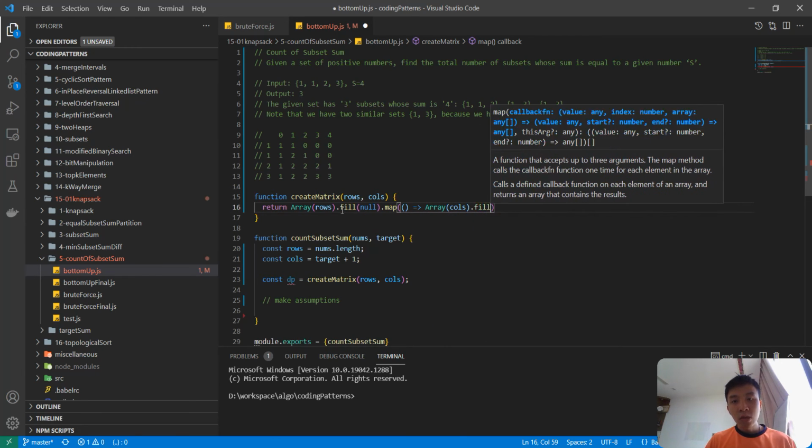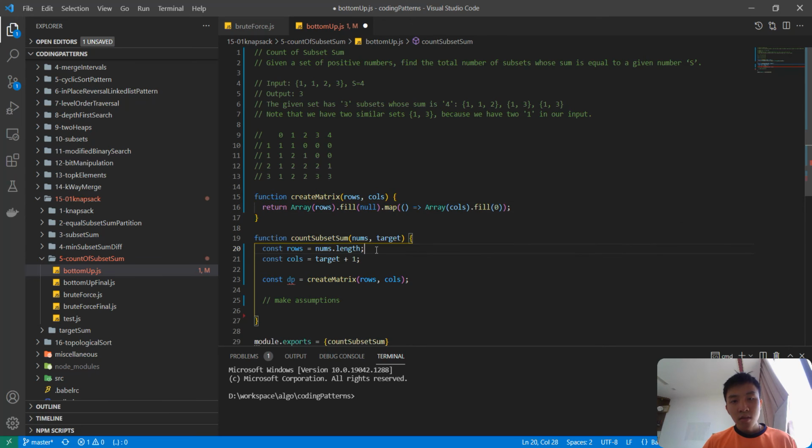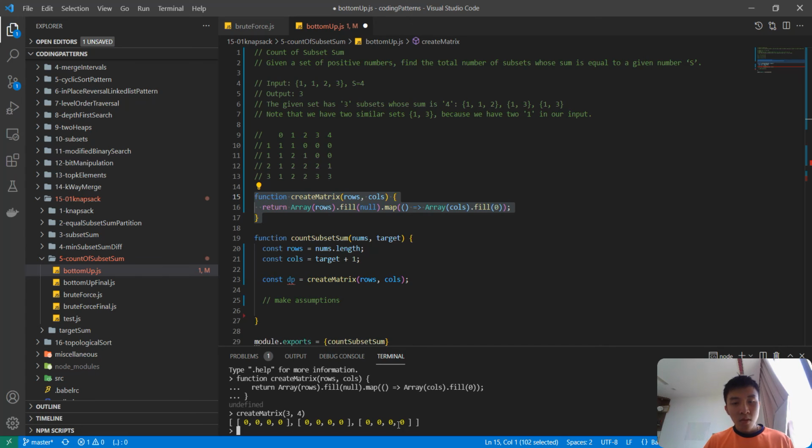And I will fill up with 0, I guess. Okay, so let's double check it here. createMatrix 3 and 4, right? 3 rows and 4 columns. Correct.